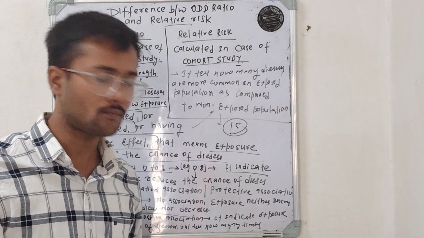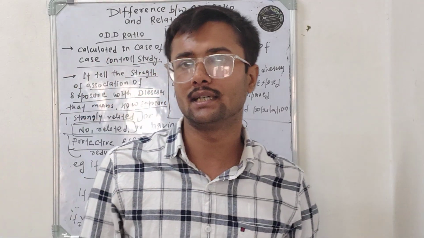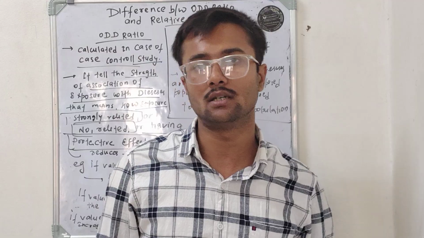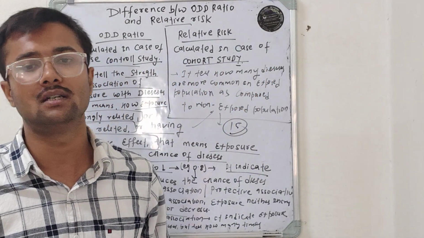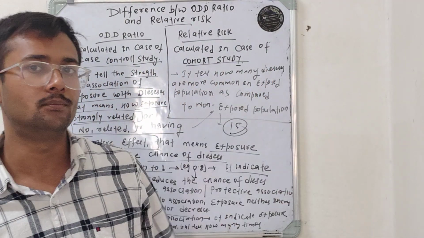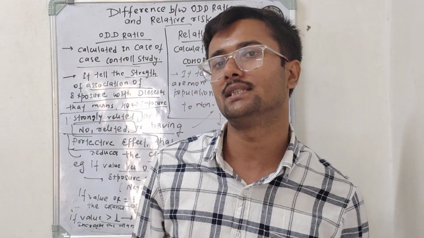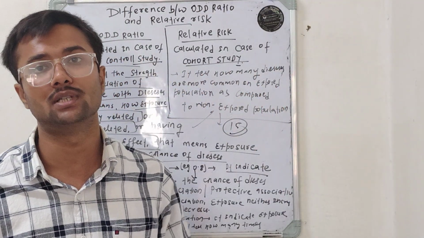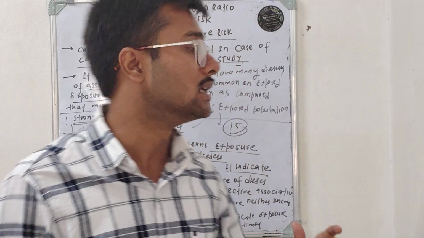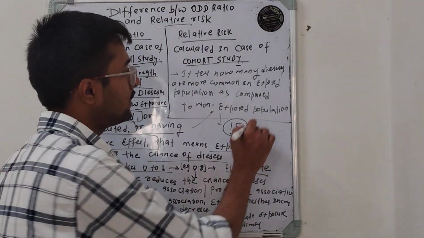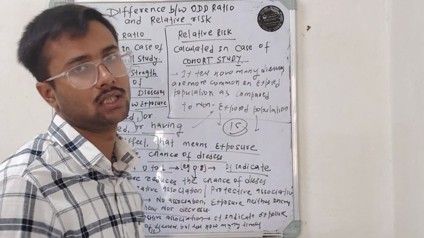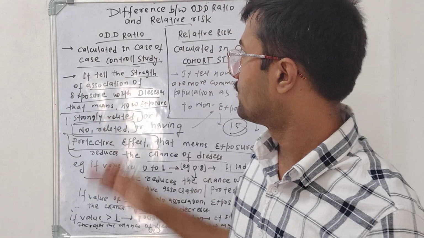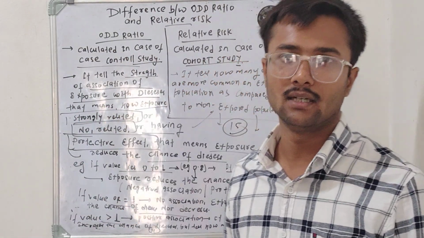Here it simply tells yes, there is a strong association between the exposure and the disease, but it does not tell that there is 15 times more exposure than in the non-exposed population. These things we find in case of relative risk. So these are all the differences between the odds ratio and the relative risk.